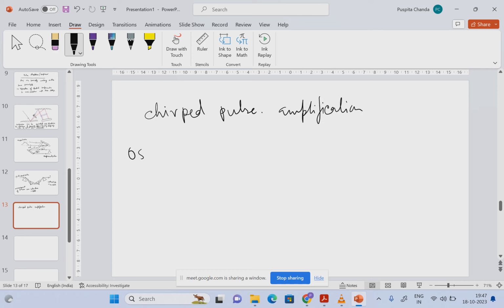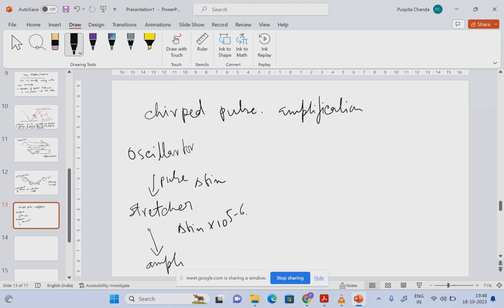Amplification. First, the oscillator generates a pulse, which is then fed into the stretcher. The pulse width delta T in is stretched by 10 to the power 5 or 6 times.